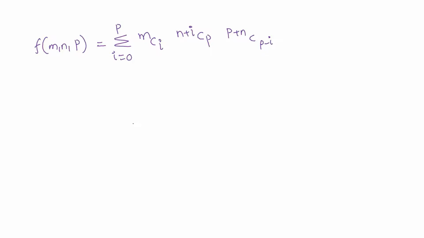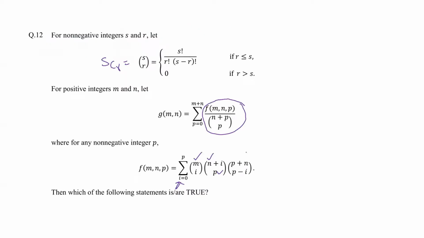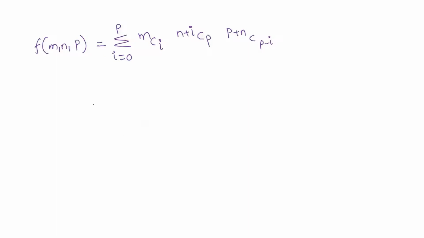So directly we will be dividing this by n plus p C p, and as n plus p C p is a constant, there is no problem with that. Everything else is a constant, so I can take it inside the summation also, as only i is changing and all the remaining terms are constants here.